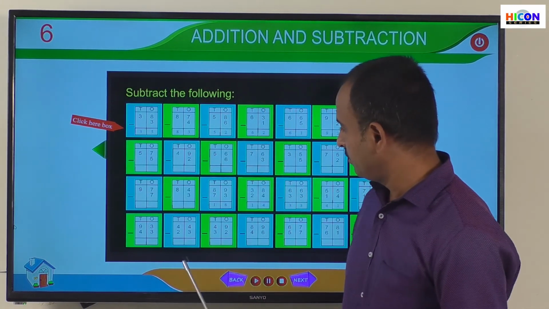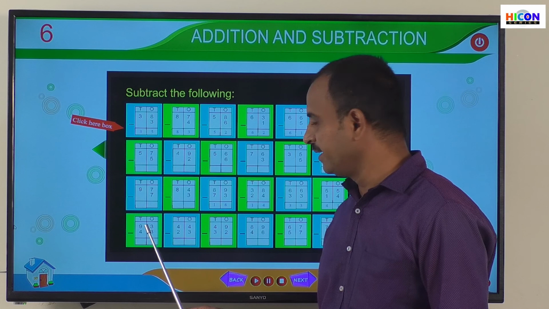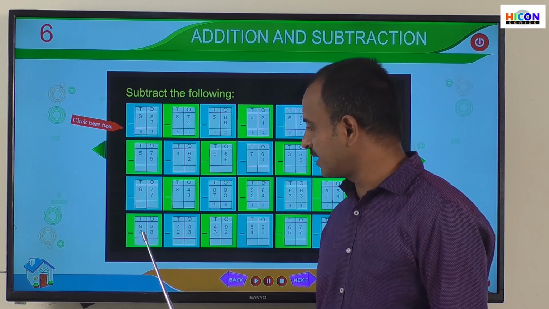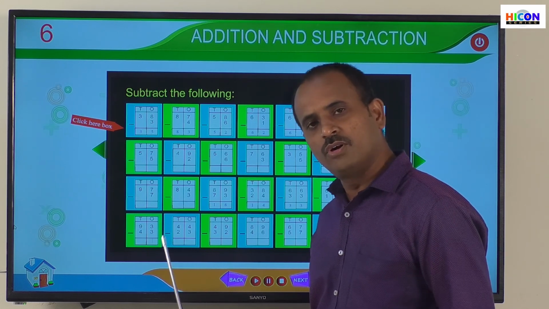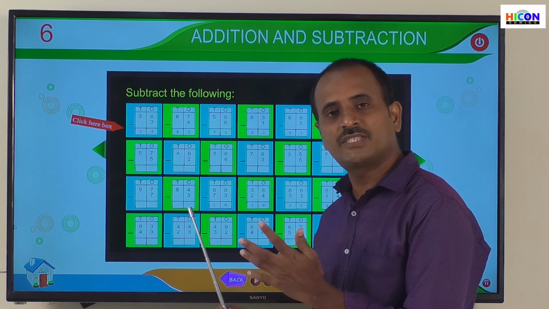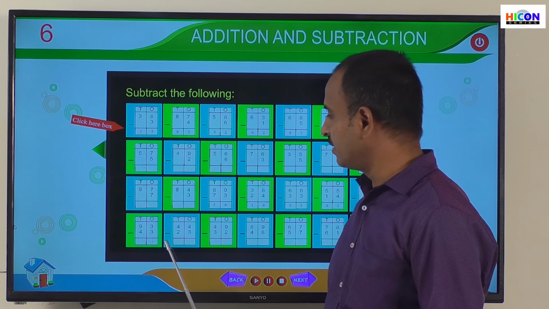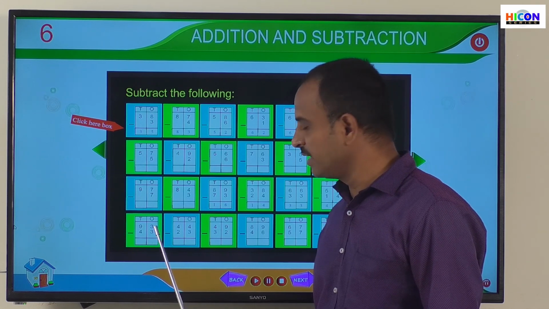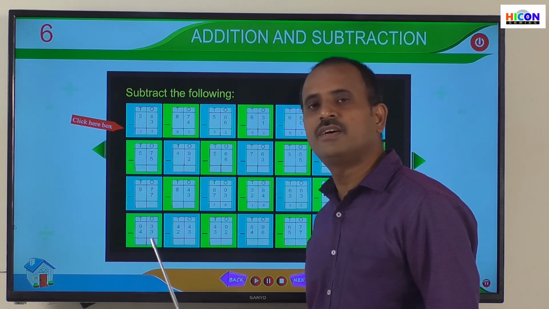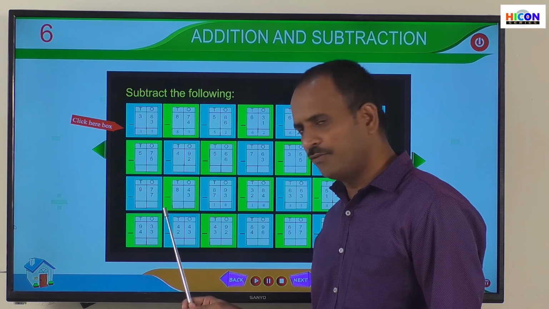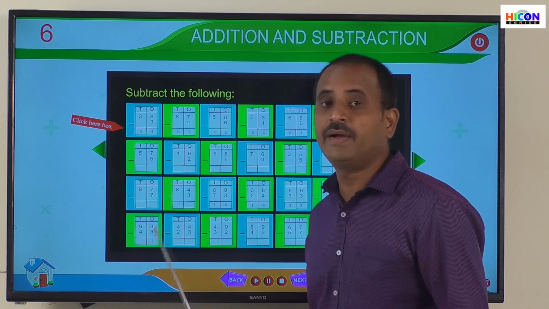So what is the first number here? 93. And what is the second number? 43. So both are 2-digit numbers. So first subtract the digits present in the ones place. So what are the digits here? The first number is 3 and the second digit is also 3. So subtract 3 from 3. That is 3 minus 3.